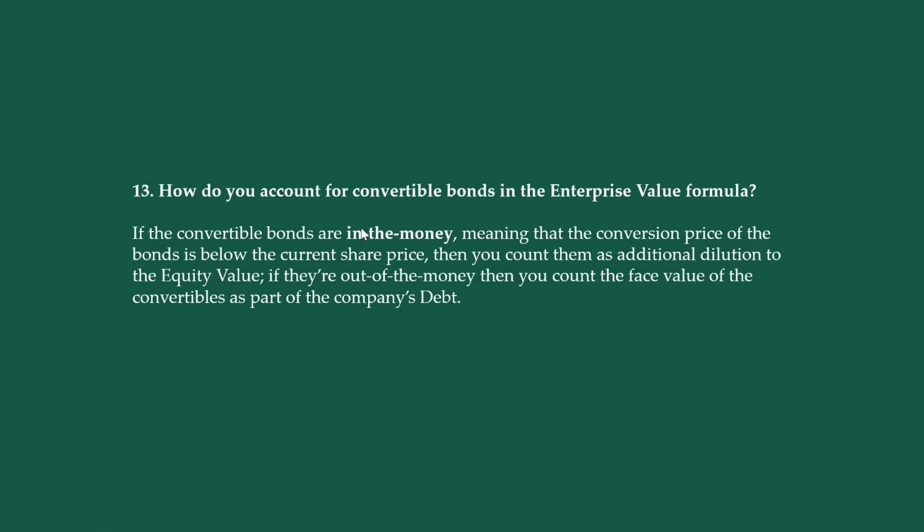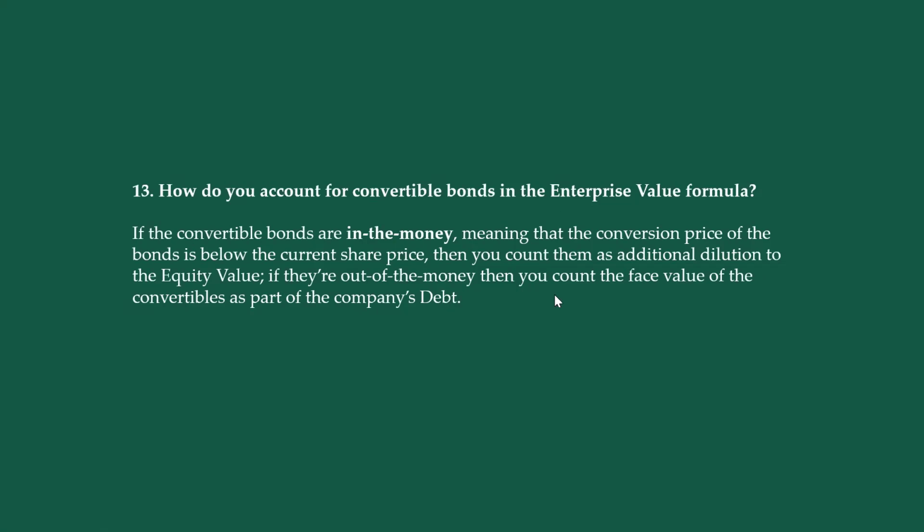Previously, we have done a question regarding this. As of now, we do not have any example, but I think in the next few questions we will have an example regarding enterprise value using convertible bonds and debt. By reading the explanation here, if the convertible bonds are in the money, meaning the conversion price of the bond is below the current market price, then you count them as an additional dilution to the equity value.